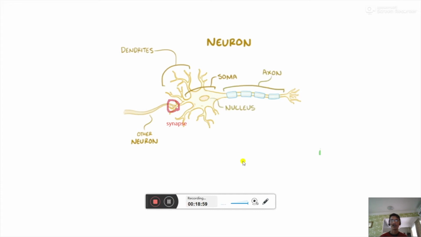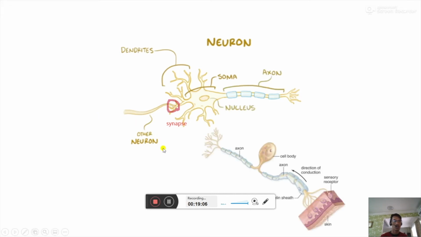And let's see what we have next. As you see here, this is another neuron, and this is the sensor: skin, eyes, mouth, and so on, receiving data and passing the information.